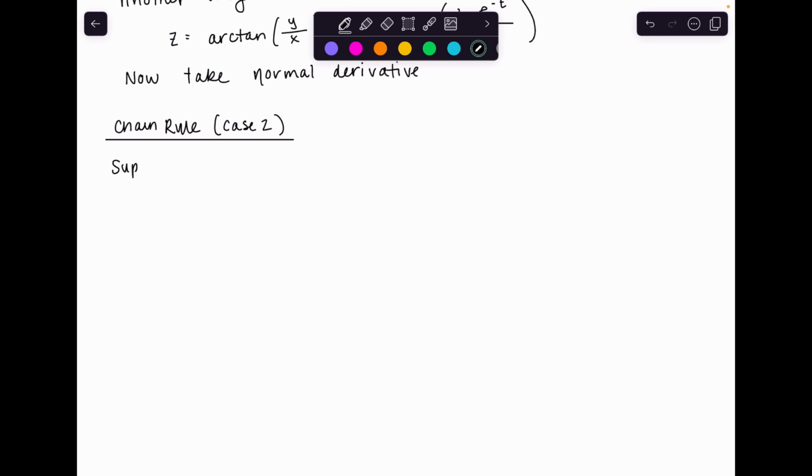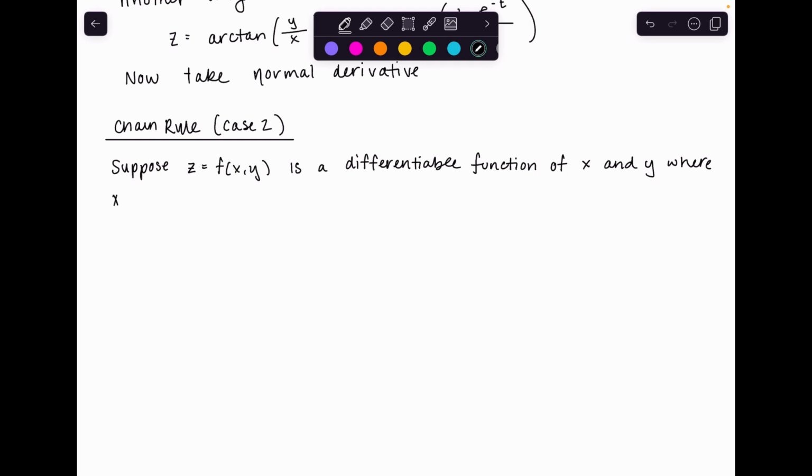So here, suppose z is a function of x and y. Suppose this is a differentiable function, where x is really a function dependent upon s and t, and y is the same thing.